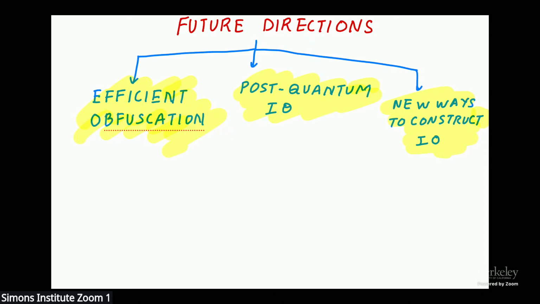It's very hard to even come up with a slightly different framework or set of assumptions. We're all stuck at these three kinds of assumptions: a local assumption, a coding assumption, and bilinear maps. So coming up with new ways to construct IO is a major problem.